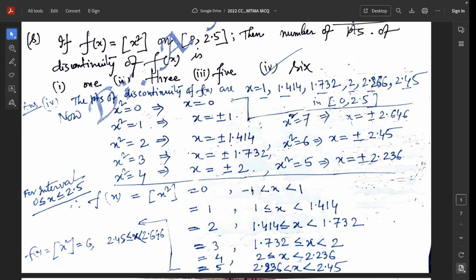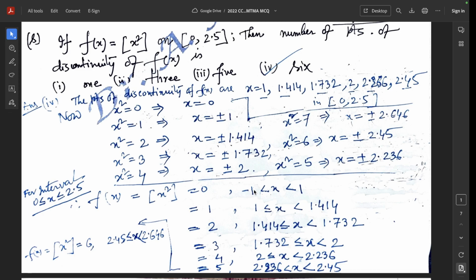0 when minus 1 less than x less than 1, because when x is equal to 1, x square is 1. X is equal to minus 1, then x square is 1.